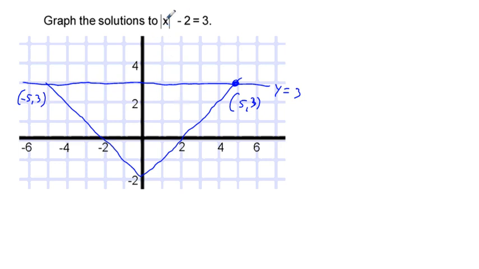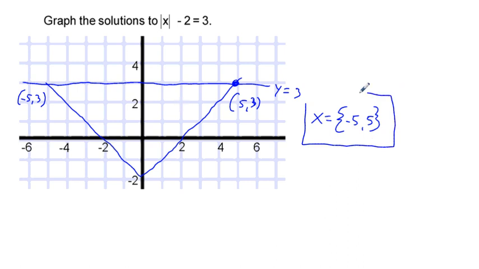If you plug in negative 5 here, you're going to get positive 5 minus 2 is 3. If you plug positive 5 in here, you'll get 3 as well. So we say x is equal to, we can put this in set notation, negative 5, 5. And we found these solutions by graphing.